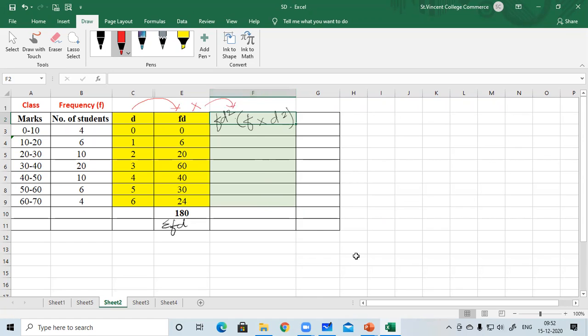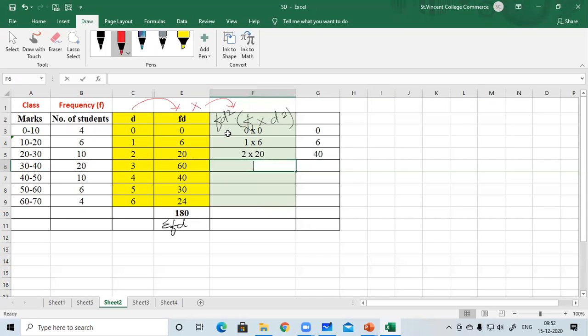Okay. So what you will do here is first one, 0 into 0. You understood? So you're getting 0. 1 into 6, 6. Are you understanding what I'm doing? Yes, sir. 2 into 20, 40.